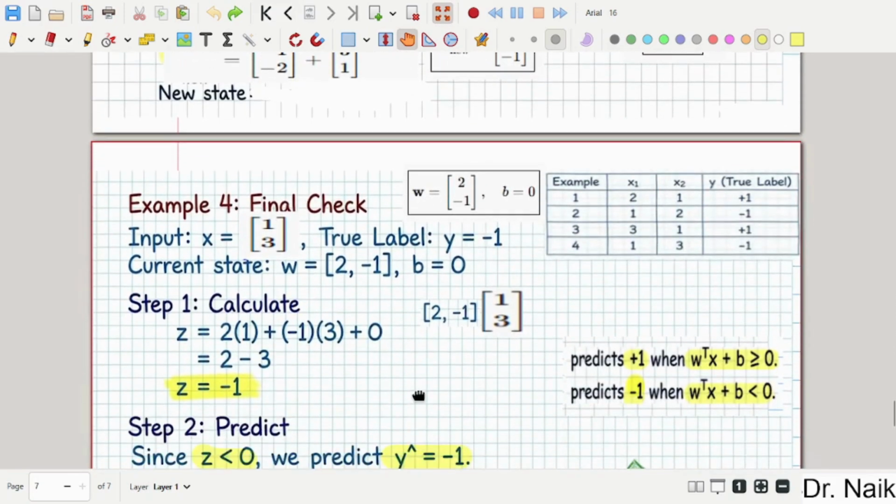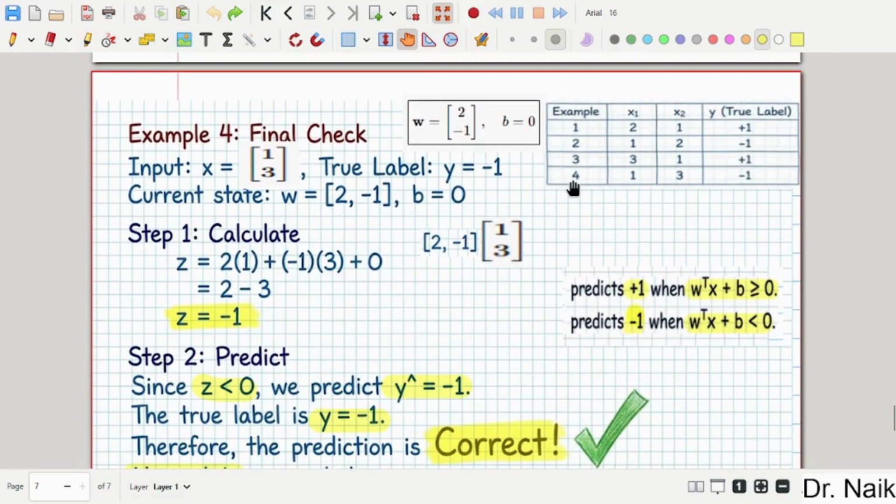Now check the fourth example. The fourth example has features 1 and 3 and its true label Y is -1. So our feature vector for example 4 is a column vector with entries 1 and 3, and Y is -1. The current state of W is a column vector with entries 2, -1 and its bias is 0.